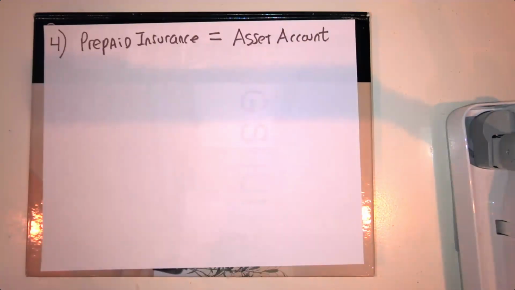Chloe, good job. Next question. We need to figure out how much of the prepaid insurance was used up in 2027. Are you able to give me the numbers out of the problem to come up with that?